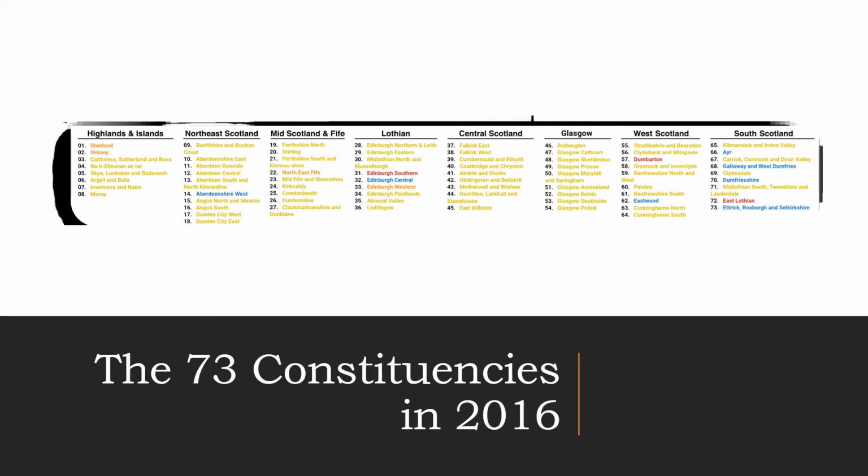Okay, there are no constituencies that border multiple regions, and regions can have 7, 8 or 9 constituencies.